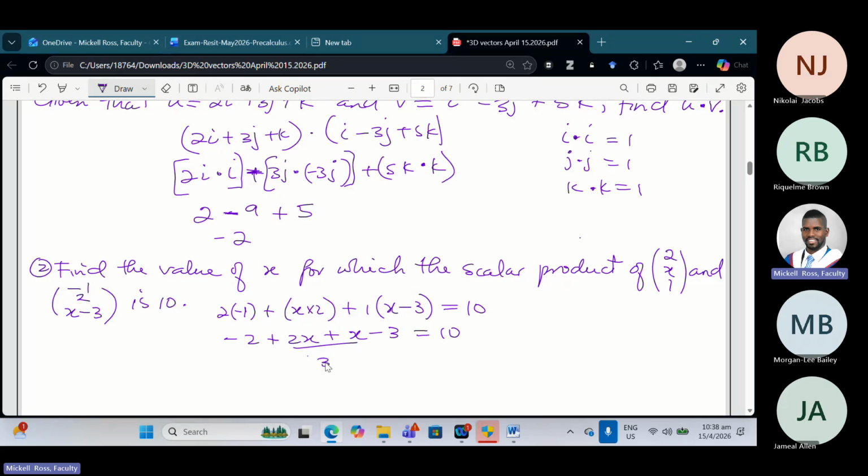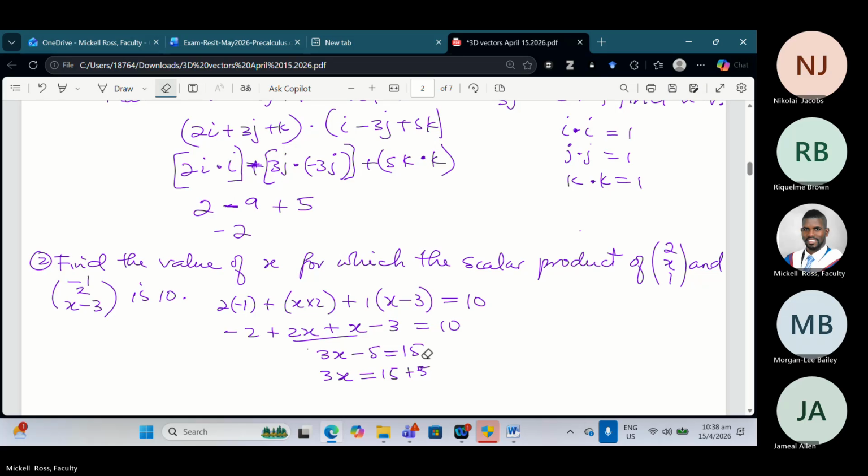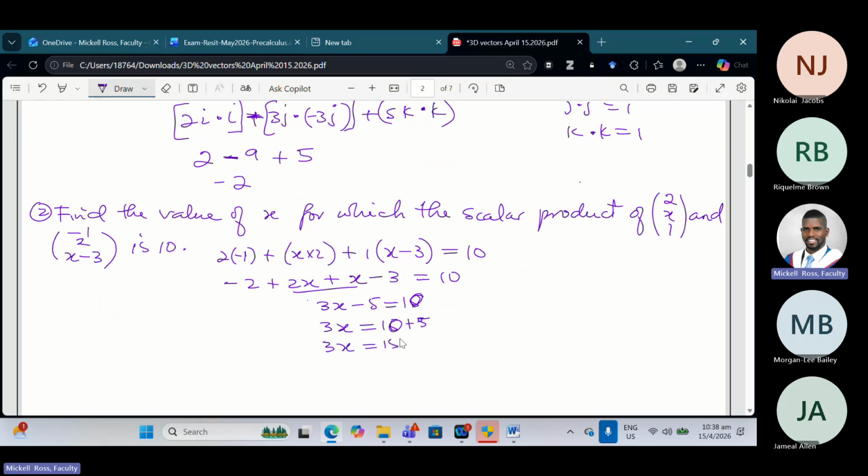So we're going to get 3x minus 5 is equal to 15. 3x is equal to 15 plus 5. Sorry, I started doing the calculation already. So 3x is equal to 15, divide by 3, divide by 3. So x is equal to 5.